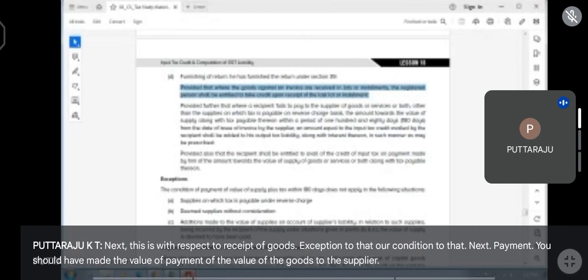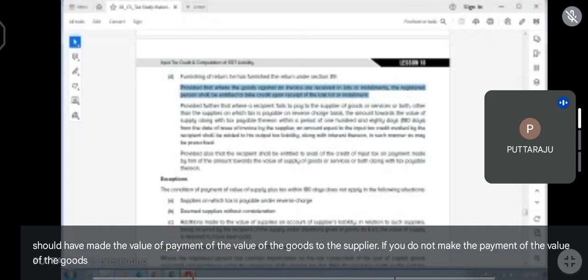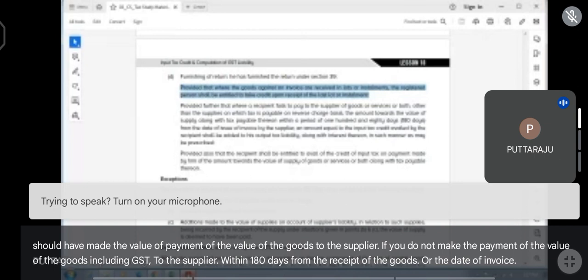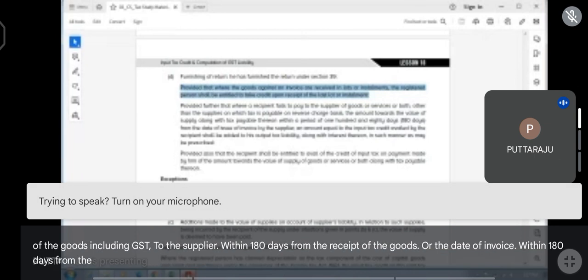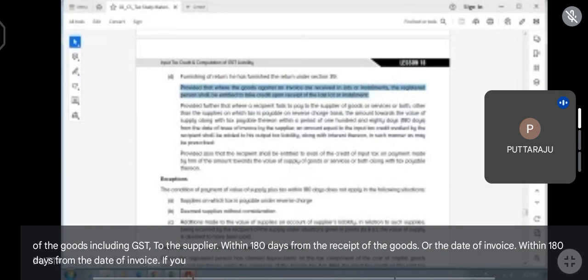If you do not make the payment of the value of the goods, including GST, to the supplier within 180 days from the date of invoice, you have to reverse the ITC.